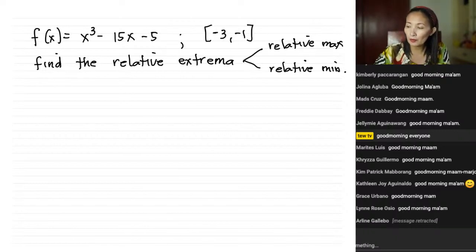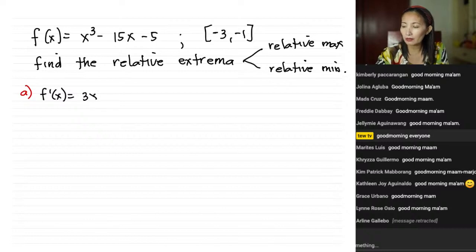Okay, just the same, we proceed to step A. Take the first derivative, equate it to 0 to find the critical number. So, f prime of x equals 3x squared minus 15. Okay? 3x squared minus 15. Equating this to 0 to get the critical number. 3x squared minus 15 equals 0.